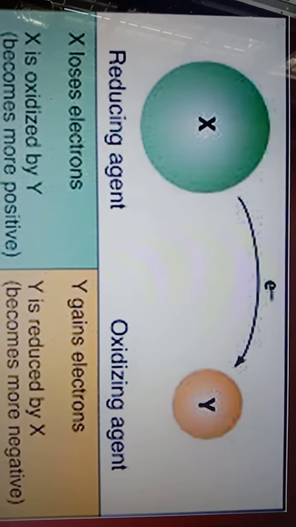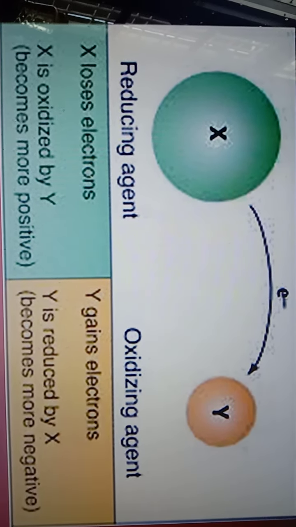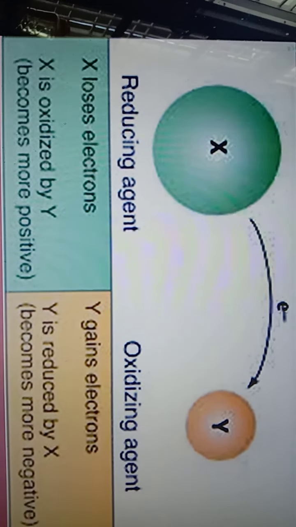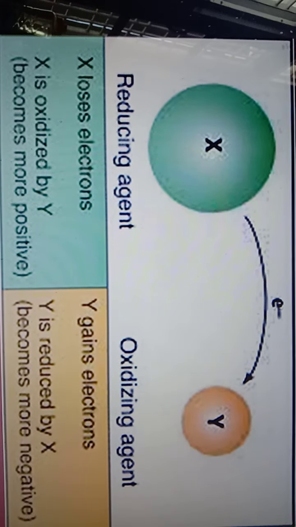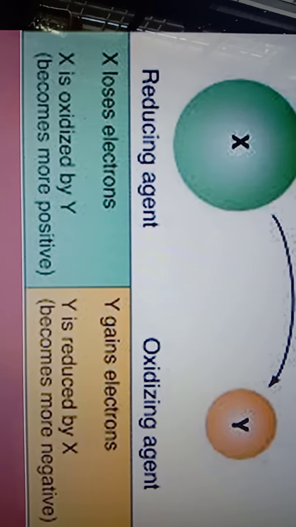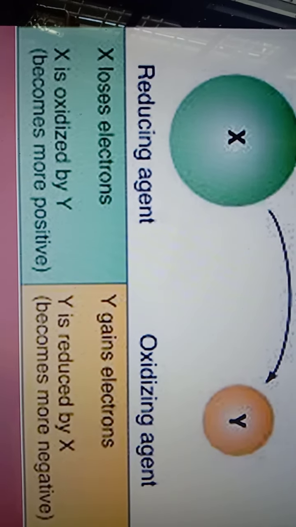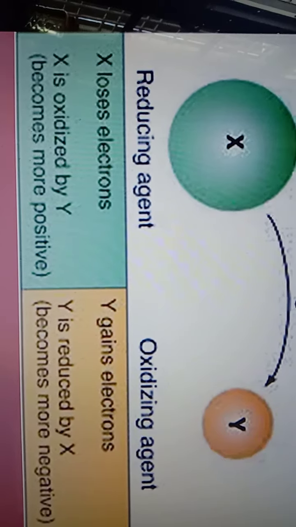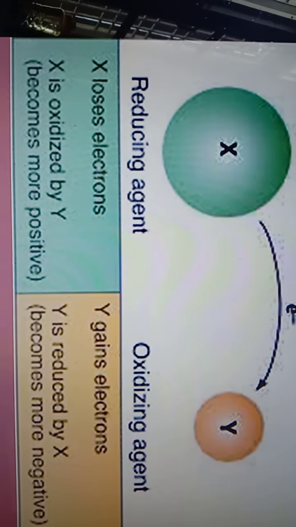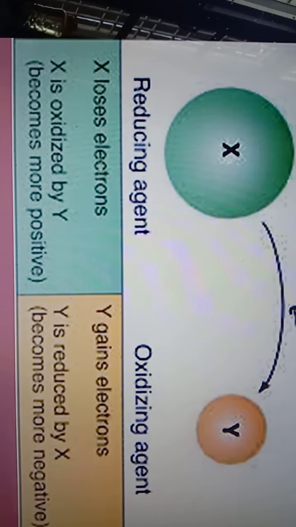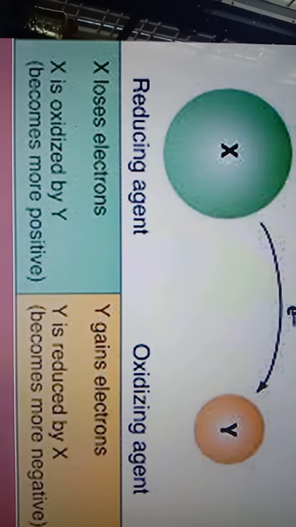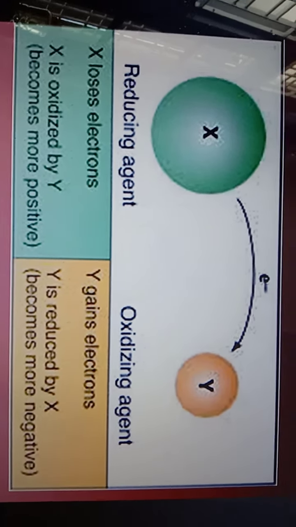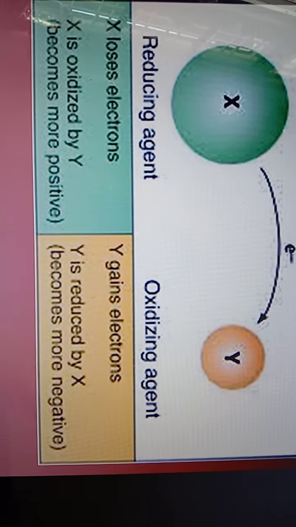Here we have a diagram showing X and Y. X and Y are two different atoms. You will see the electron is given by X to Y, and here we define the reducing agent and oxidizing agent. The reducing agent is the one which loses electrons. So X has lost electrons, and we say that X is the reducing agent, and Y, which has gained electrons, is the oxidizing agent.